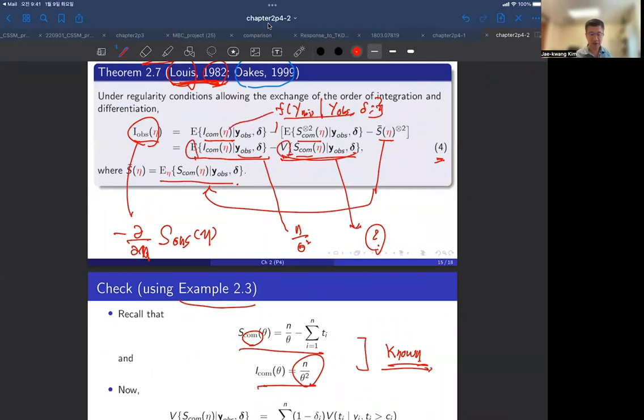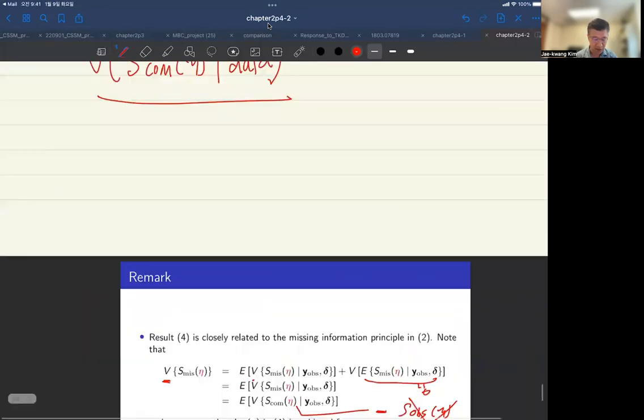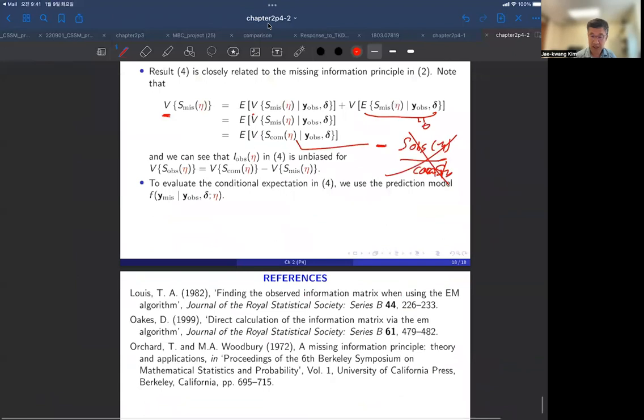So that is a prediction model. Sometimes we call it an imputation model. Later we'll learn that the Louis formula is closely related to computing the uncertainty using imputation.